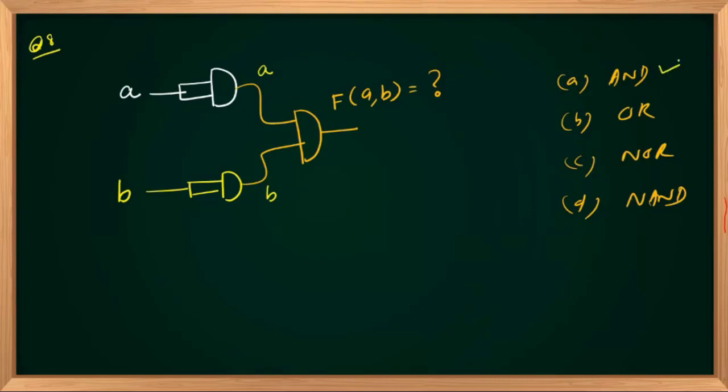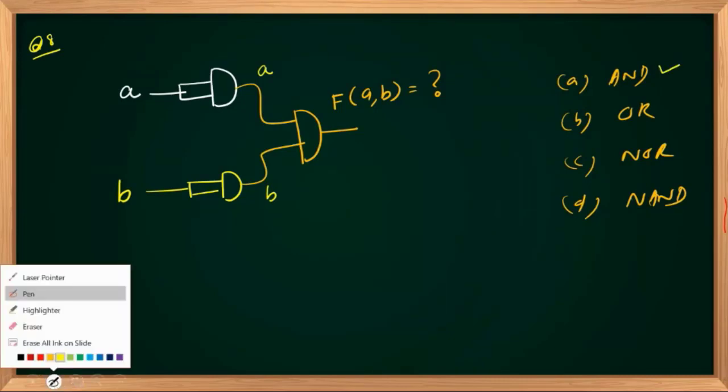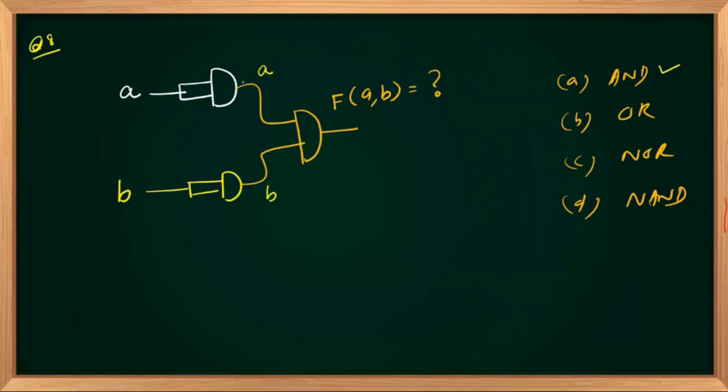What happens if I insert a bubble here? Please look at the question and tell me. The first two gates were initially AND. Now I replaced them with NAND gates by placing a bubble at the output.